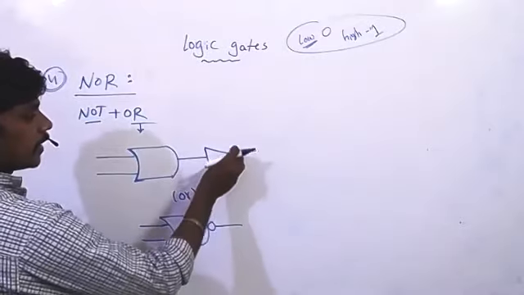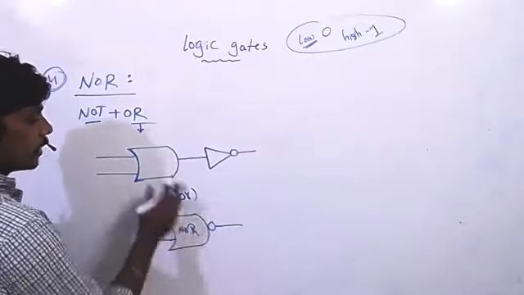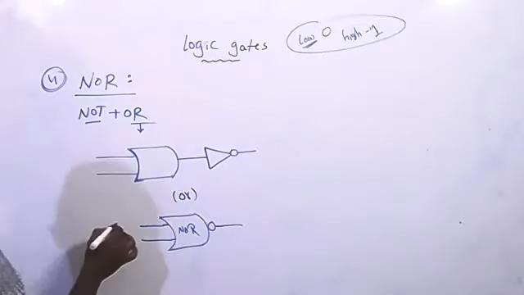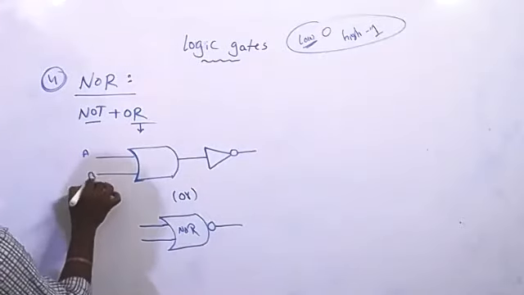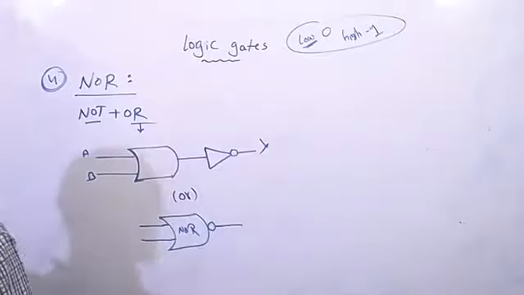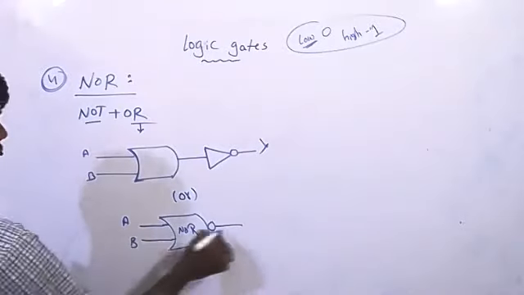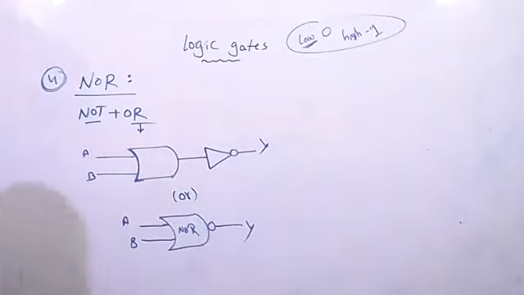It is the NOT gate that we have given here. So it became the NOR gate. Inputs A, B, output will be here. A, B inputs, output will be here. Am I clear?